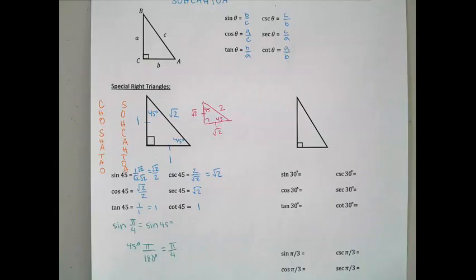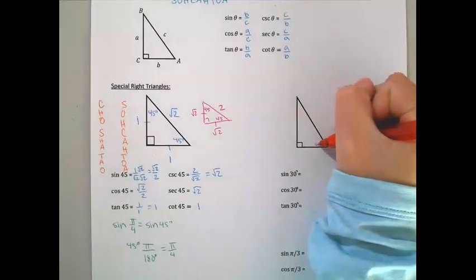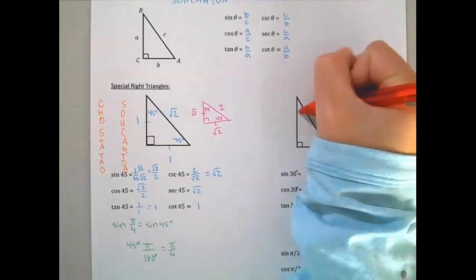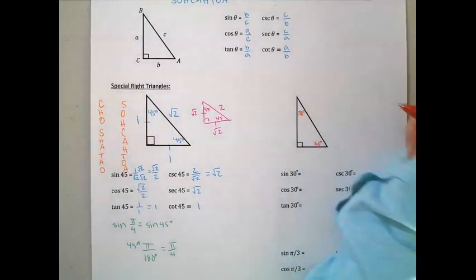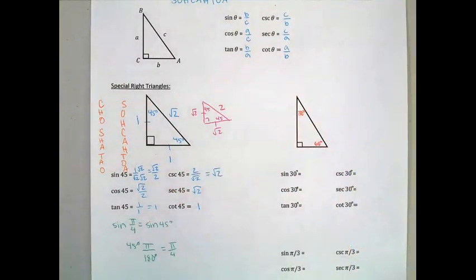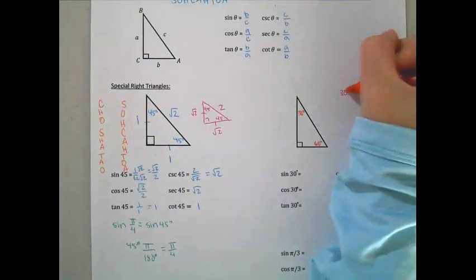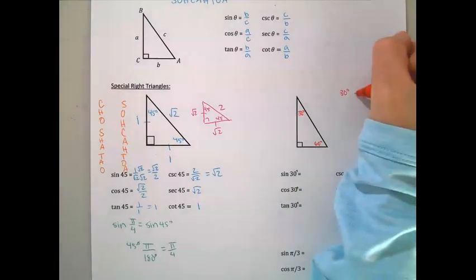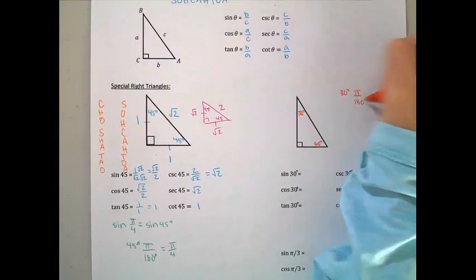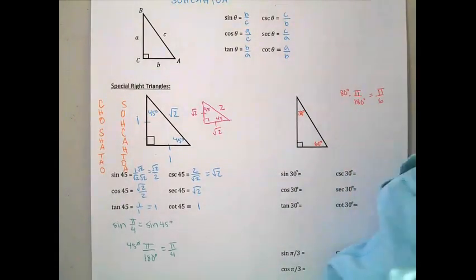So our next special right triangle is going to have an angle of 60 degrees here and 30 degrees. And before I even continue onward like I did over here, I do want to talk about what 30 degrees and 60 degrees is in radians. 30 degrees, when you multiply by pi over 180 degrees, is going to give you pi over 6 in radians.